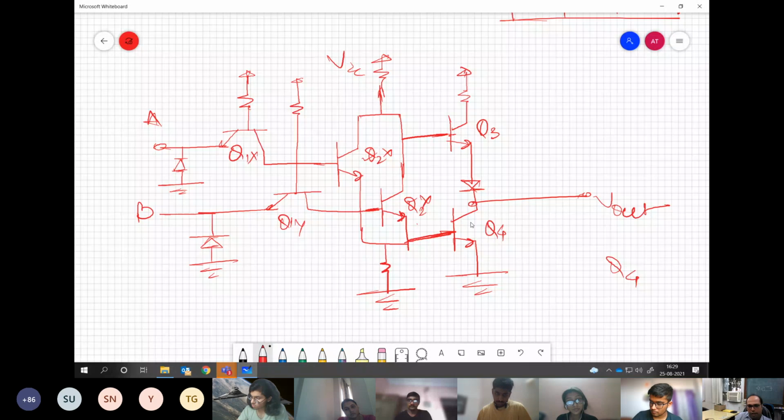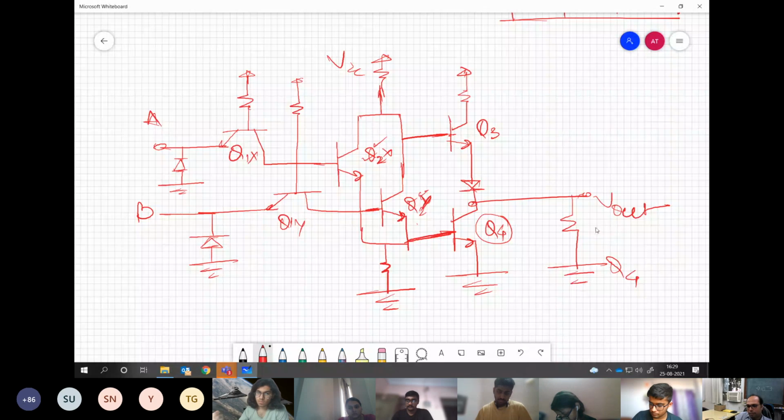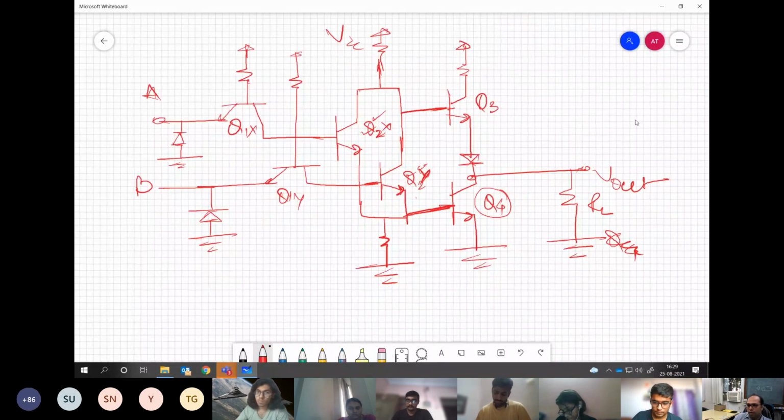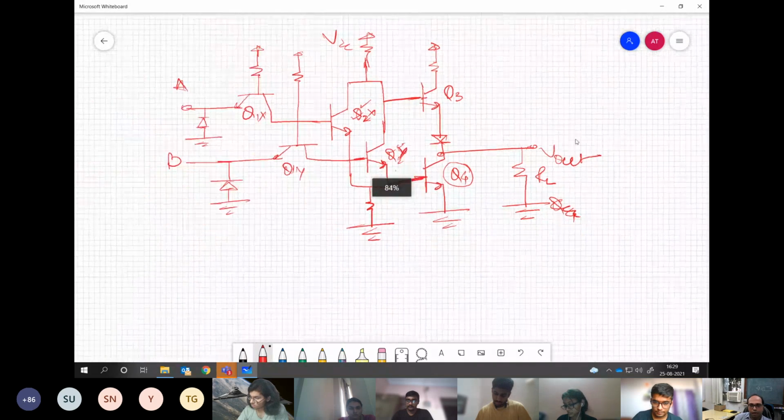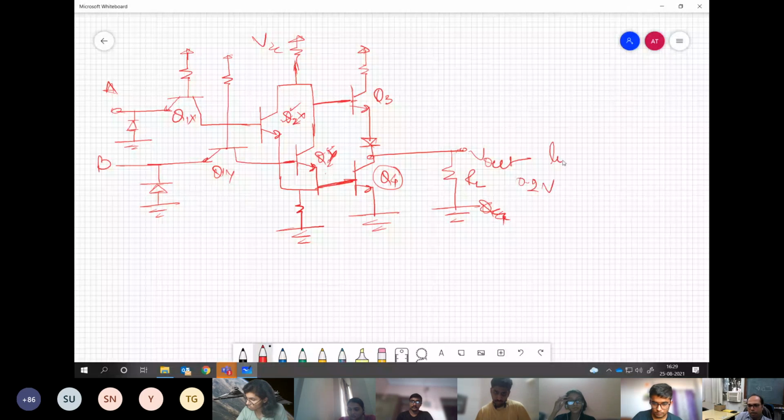Understanding my point? Even if one transistor out of Q2X or Q2Y is conducting, then Q4 will conduct. And what will be the output if it conducts? Low. Yes. So 0.2 volts, or this is low logic.